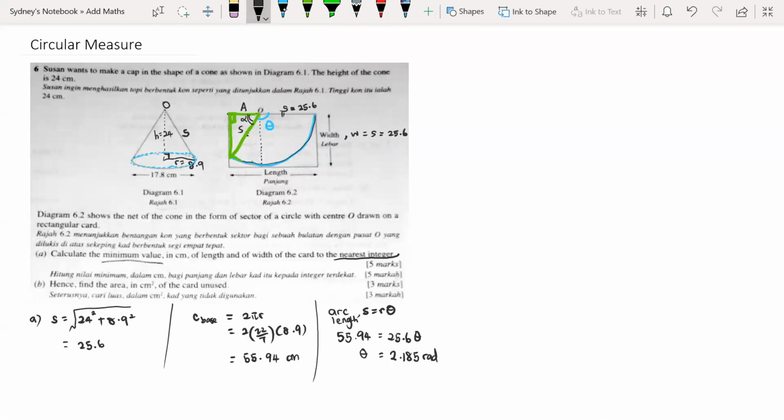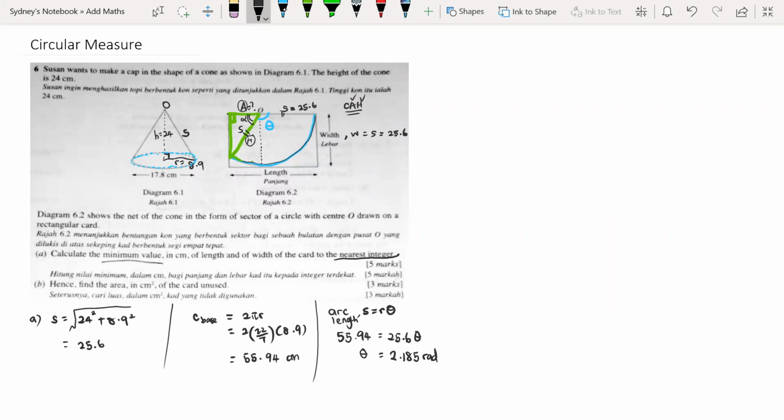And then from there, for this alpha, we need to find the adjacent, using the hypotenuse. So we have A, we have H, so we have to use cos, because according to SOHCAHTOA, we need to involve the adjacent side and the hypotenuse. This is actually the hypotenuse. This is the adjacent for this right angle triangle.